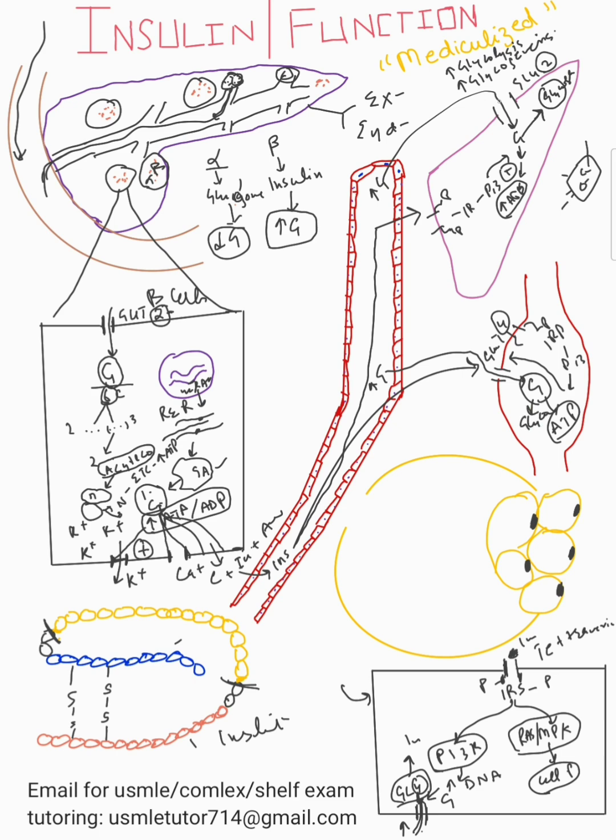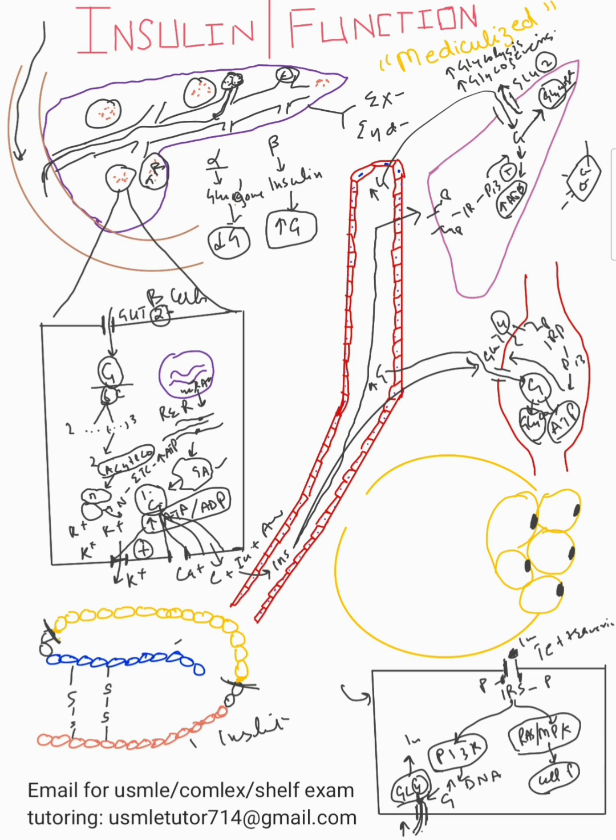Remember, like I said, GLUT2 has bidirectional flow of glucose, which means that, for example, if someone is fasting, glycogen can be broken down and released into the blood in a low glucose state, like fasting. GLUT4 cannot do this. So, for example, muscle glycogen cannot be broken down and released into the blood.